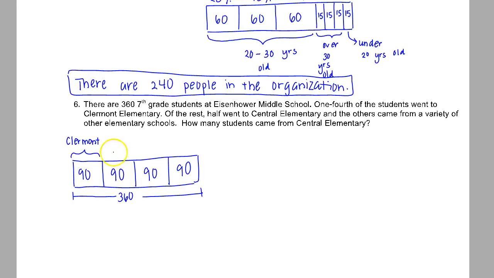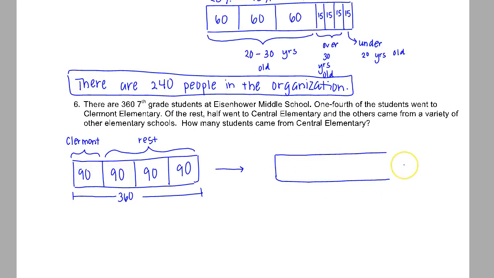Of the rest, so these 3 boxes, 90 times 3, or 270. Of the rest of these students, half went to Central Elementary, and the others came from a variety of other elementary schools. Now I could work off of my current model, or I'm going to make a new model that just represents those remaining students that did not go to Claremont Elementary.